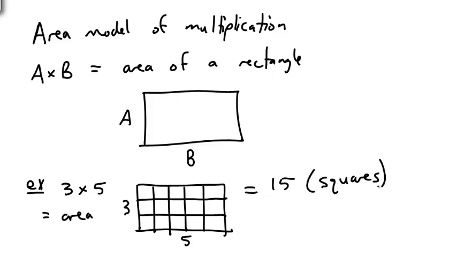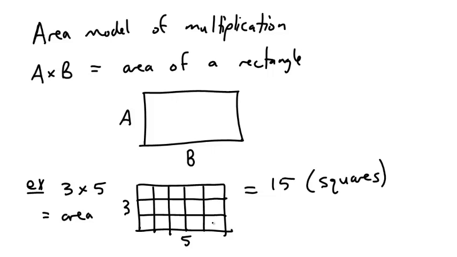And you can look. It's either 5 plus 5 plus 5 in rows, or it's 3 plus 3 plus 3 plus 3 plus 3. It's either 5 columns of 3 added all up, or 3 rows of 5 all added up. So the usual method of 3 times 5 is 3 5s or 5 3s still works.